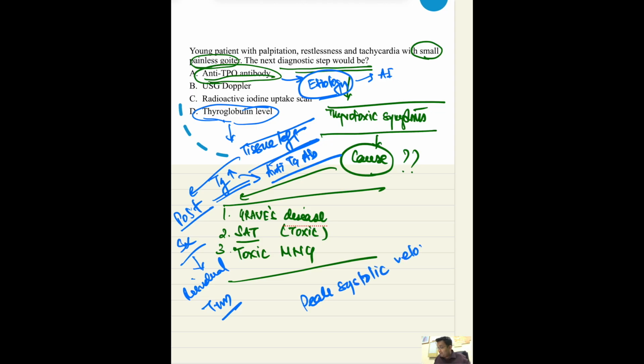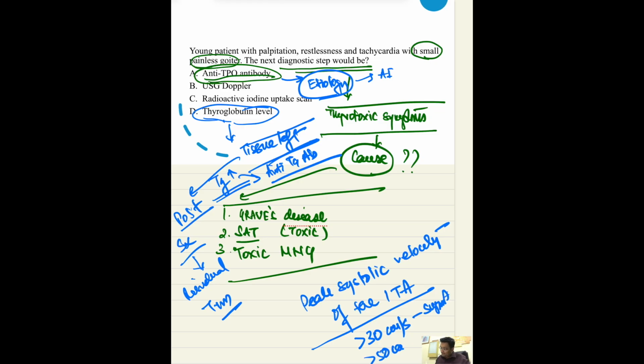If it is more than 30 centimeter per second, it is suggestive, and more than 50 centimeter per second, it is almost definitive for Graves' disease, because the vascularity is increased in case of Graves' disease, which is not the case in case of subacute thyroiditis or MNG.